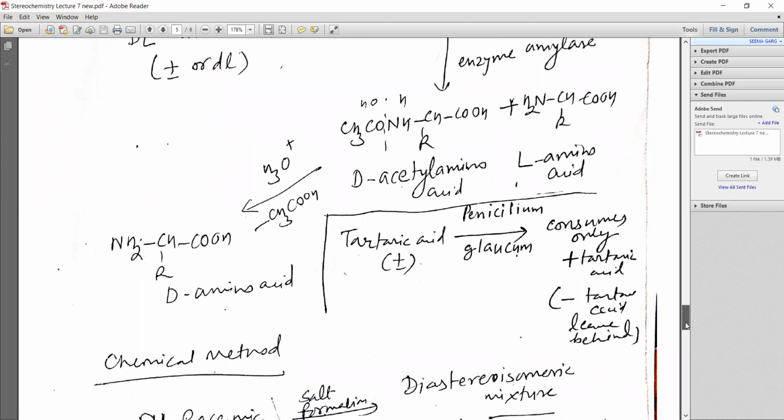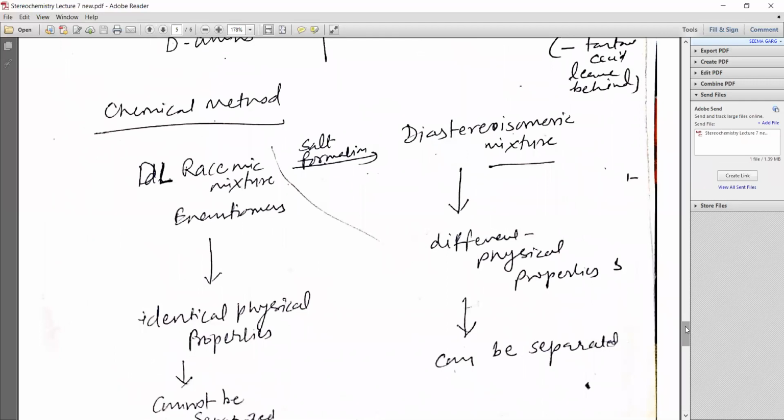Chemical method. In the chemical method, the DL racemic mixture, meaning enantiomers, have identical physical properties, so they cannot be separated. But when the DL racemic mixture is reacted with a salt, we will get a diastereoisomeric mixture. They have different physical properties, so they can be separated.